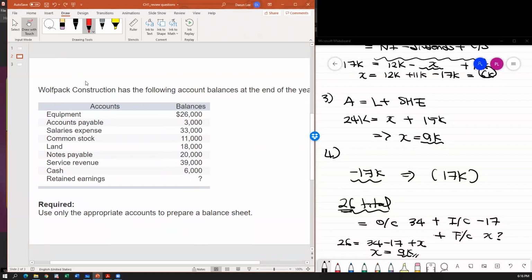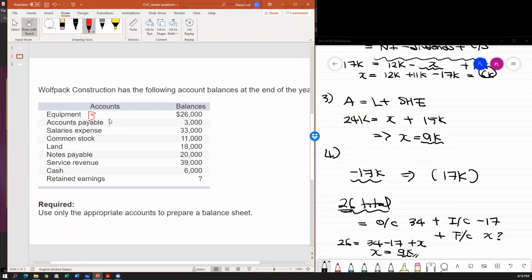What you need to do for this chapter and going forward is to be able to identify which accounting item goes to either the balance sheet or the income statement. For example, equipment is an asset, so it falls under balance sheet items.